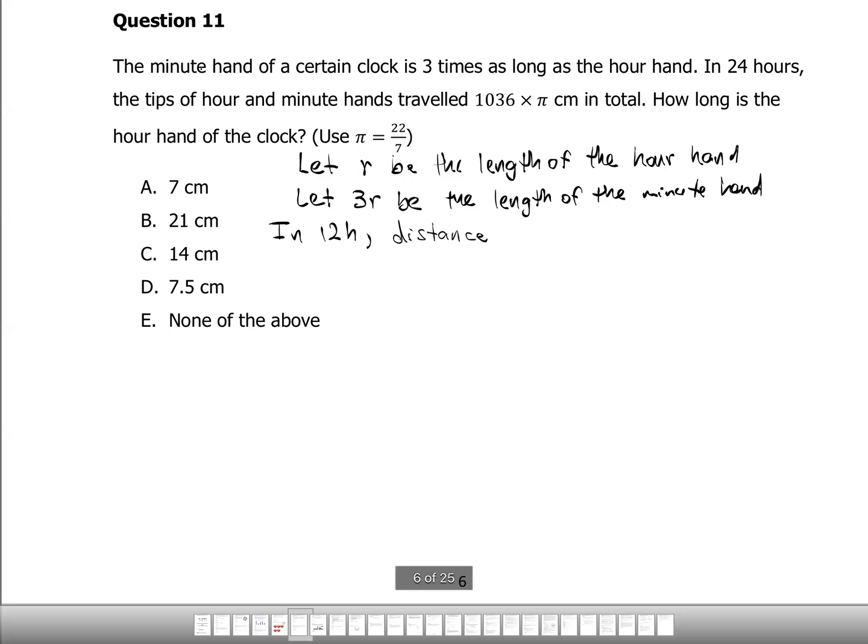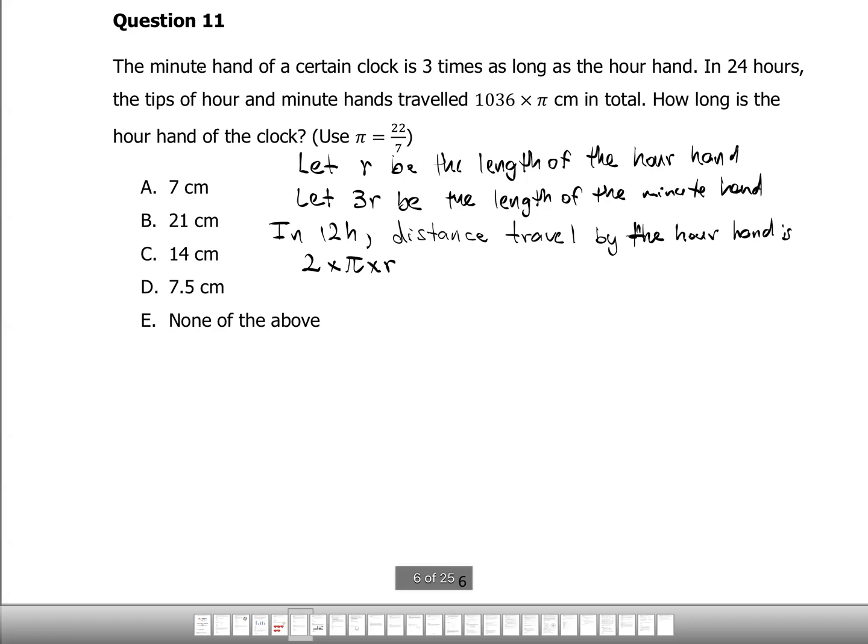the distance traveled by the hand is 2 times pi times r.